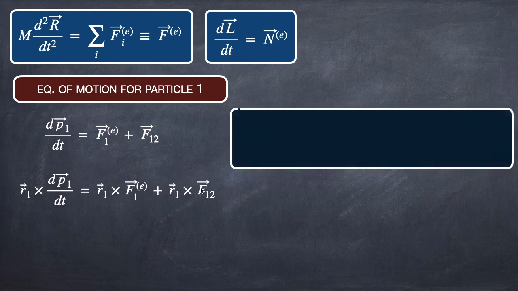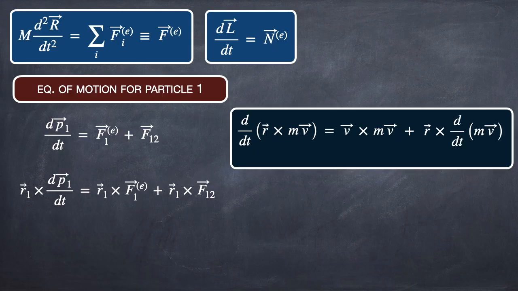Okay, and we are going to use this identity. Consider the time derivative of this product, R cross the momentum, mv. This is equal to the derivative of R, which is the velocity, cross mv, plus R cross the time derivative of the momentum, mv.